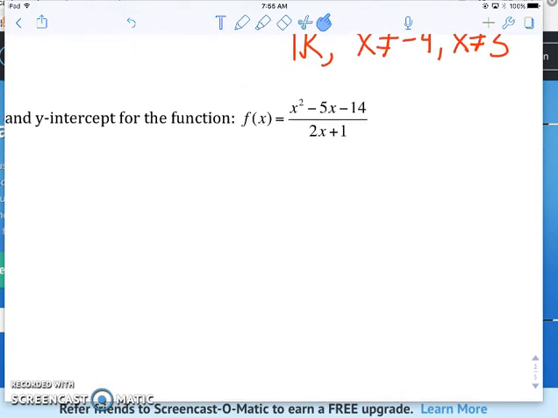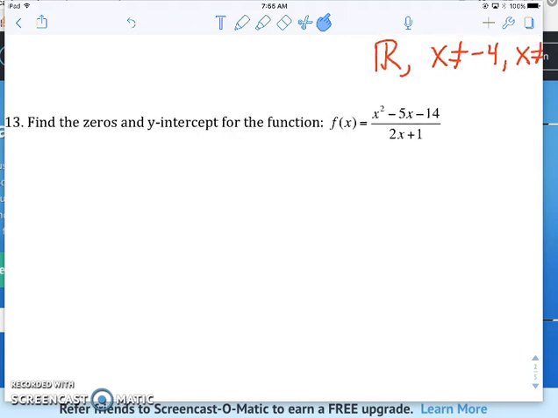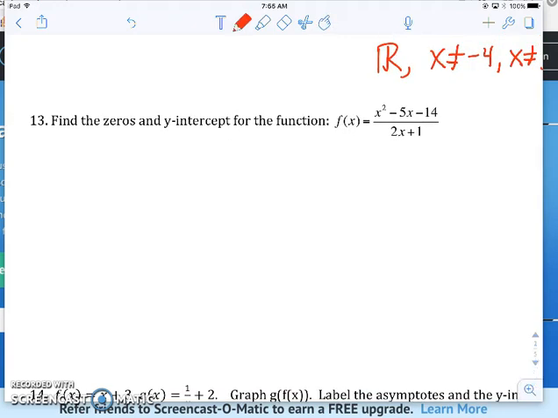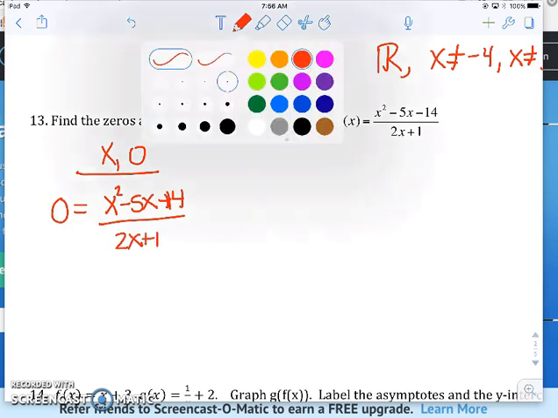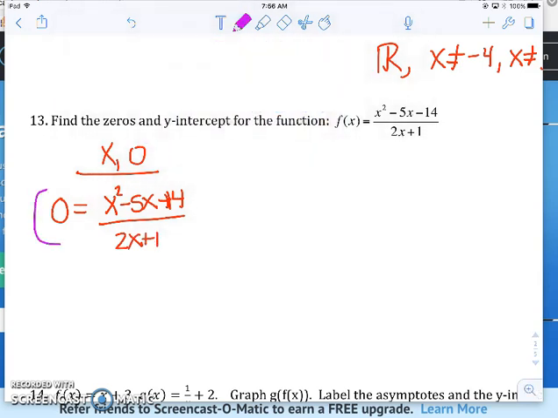So we have to find the zeros and the y-intercepts. So zeros, so our x-intercepts and y-intercepts. So x comma 0. So when does 0 equal x squared minus 5x plus 14 divided by 2x plus 1? Well, we can multiply by 2x plus 1.